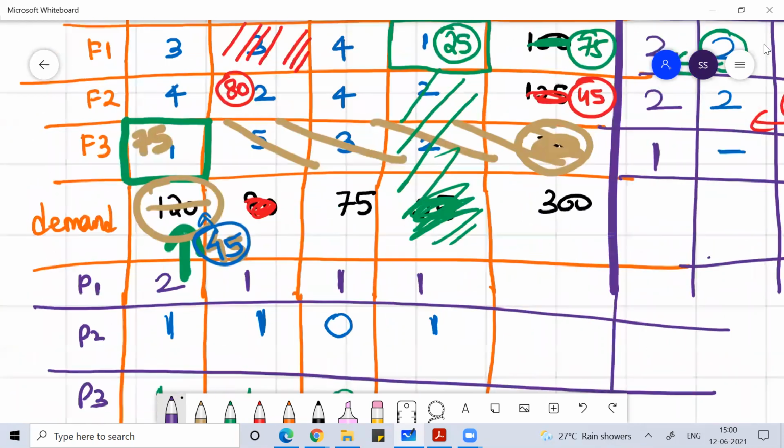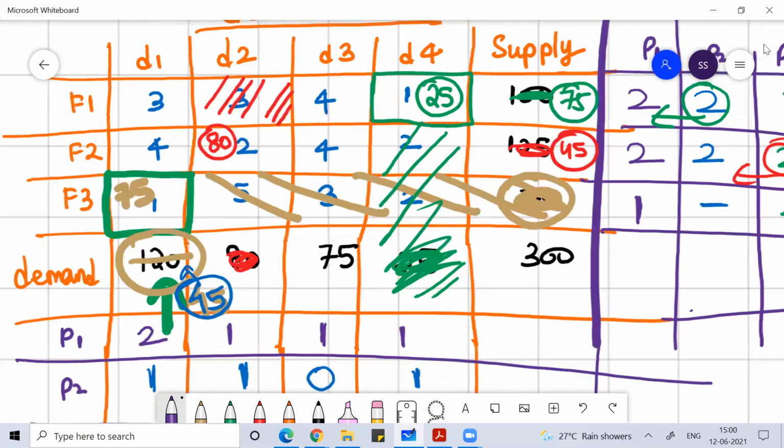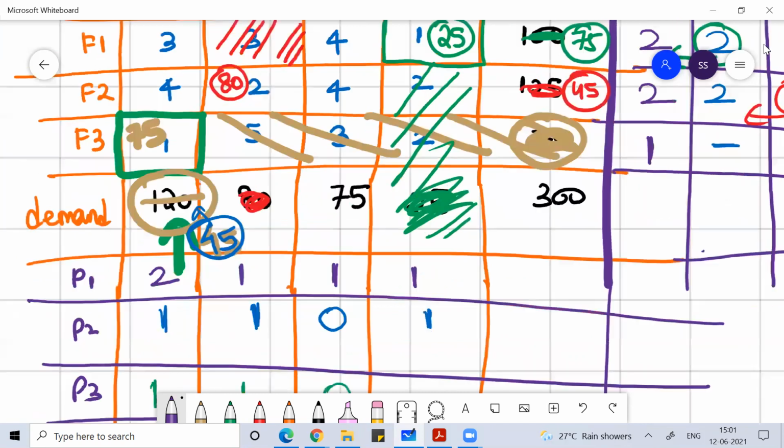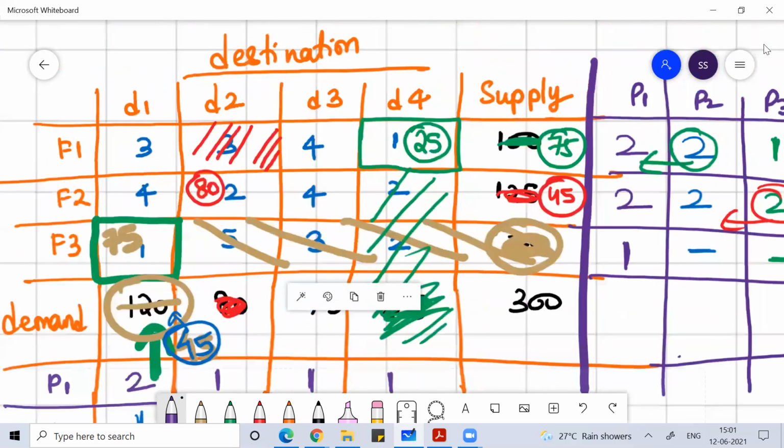Here you can see the largest value is 1. Okay, so the largest value is 1, so this will enter.